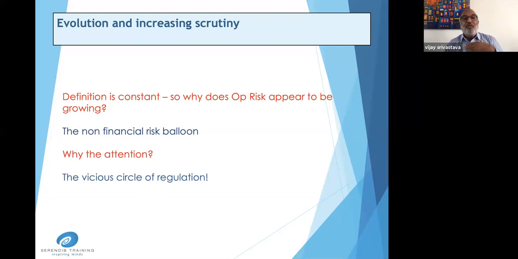Now, you can argue these are people who are trying to pass the blame on regulation, but what has happened is the industry is generally frightened of the regulator, which has led to its own set of operational risks, because you have to implement large changes. Every change you implement has inherent risks built in.